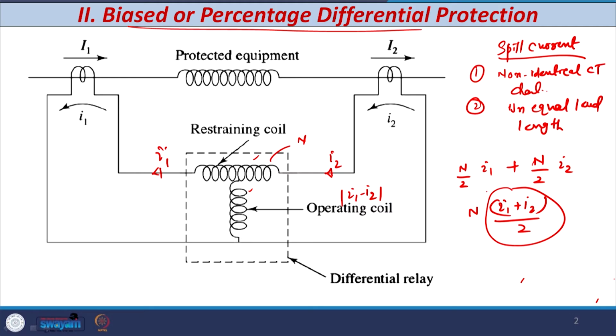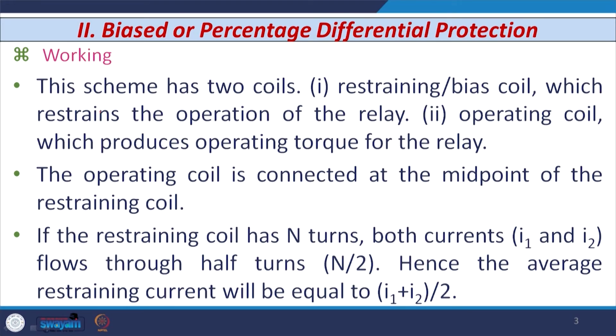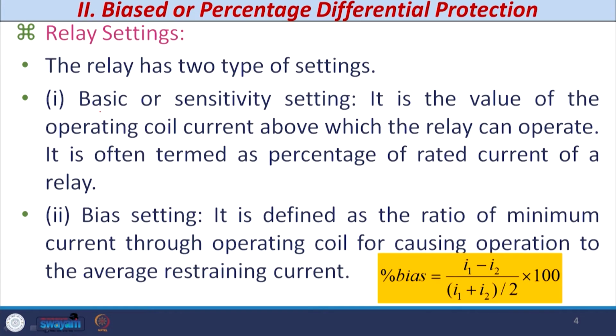Because of these two problems, the non-identical CT saturation characteristic and the unequal lead lengths, I1 and I2 are unequal and spill current flows. Even so, this relay has two settings. The first setting is known as the basic setting or the sensitivity setting, which is given by I1 minus I2. This is the current that flows through the operating coil of the bias differential relay.